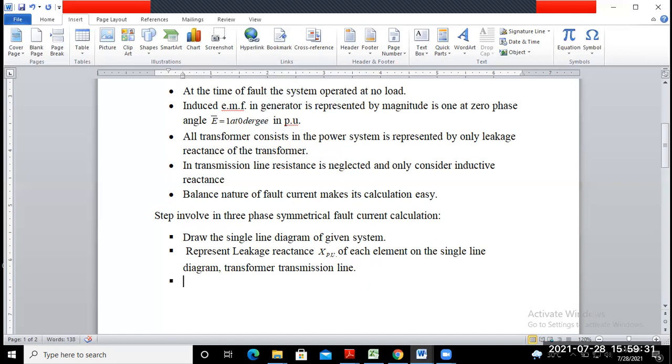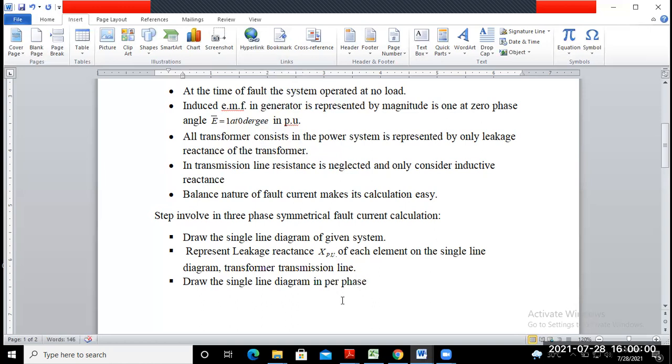Last step is draw the single line diagram per phase.